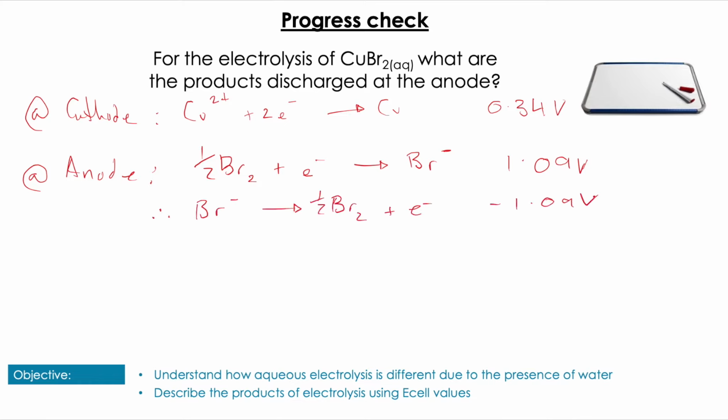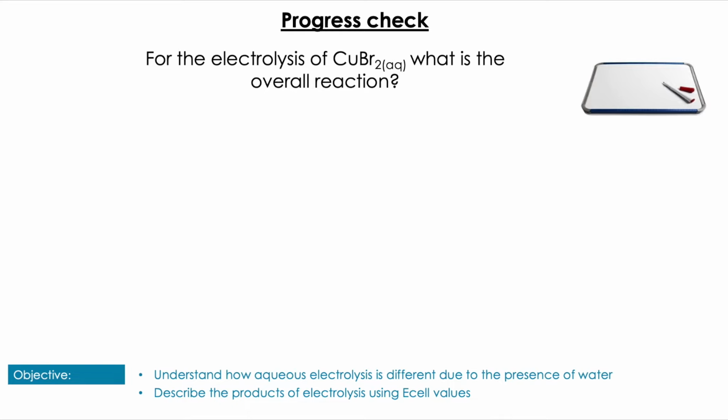So you're going to get bromine gas formed at your anode, and then you're going to get copper solid at the cathode. So for the next question, I want you to write the overall reaction for that equation.